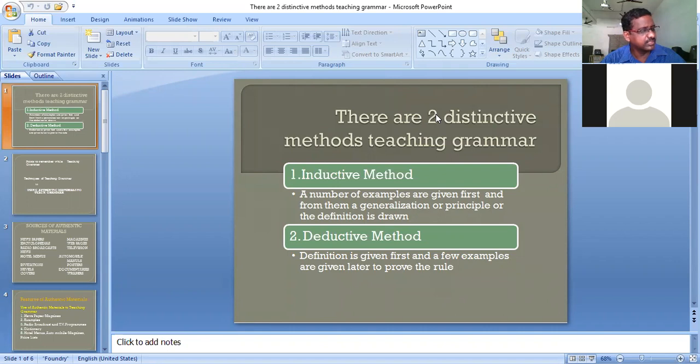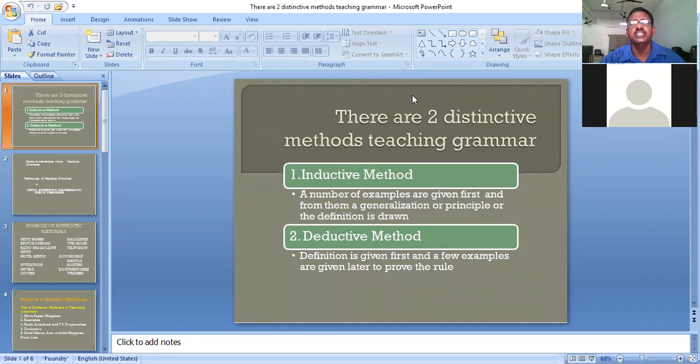Next point, making teaching interesting. This inductive method makes teaching interesting, because from the roots onwards we can make them learn. From alphabets to word, word to sentence, sentence to paragraph, paragraphs to one idea or theme. Without making them learn ABCD, how can we teach a word or sentence?